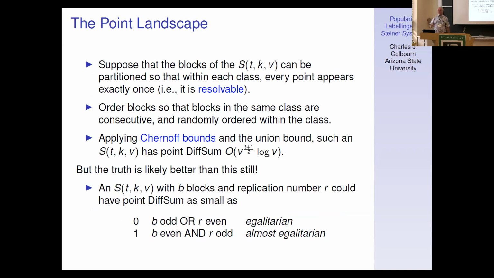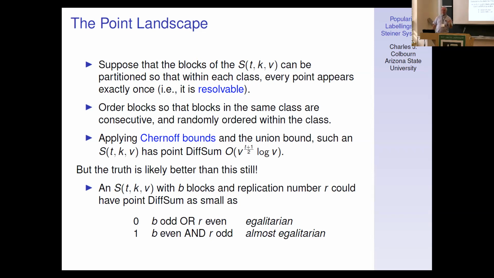And if you use Chernoff bounds, you drop this now to an even better exponent, t plus 1 over 2, but the price you have to pay is this extra log v term. And so you might, if you were of a probabilistic inclination, say, I'm going to keep going in this direction. Look at how much of an improvement I'm getting. But I don't want to encourage you to do that, because I think that you could continue to squeeze more and more and more out of this without discovering the truth.